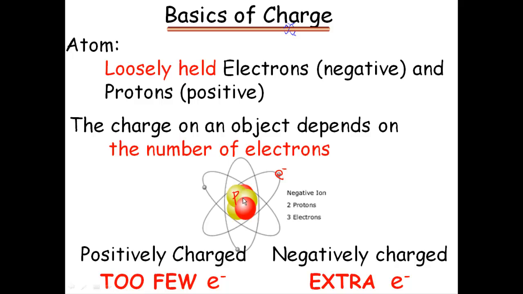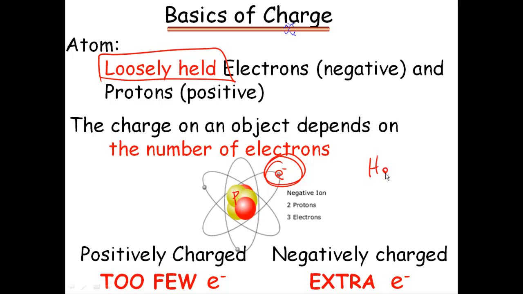It's a pretty important idea to realize the only thing that moves, I can't emphasize this enough, the only thing that moves are those electrons. They're loosely held and they can be removed from the atom. The protons can't.